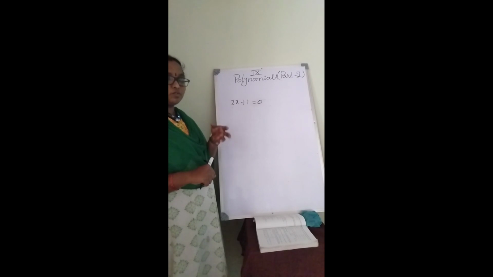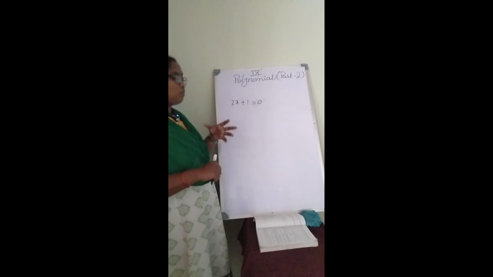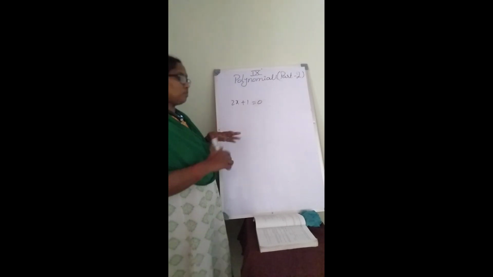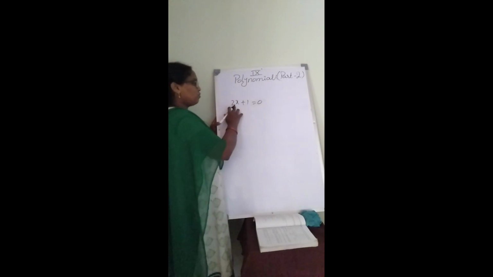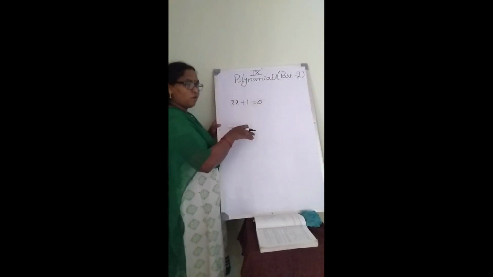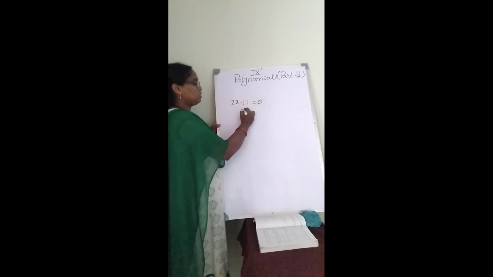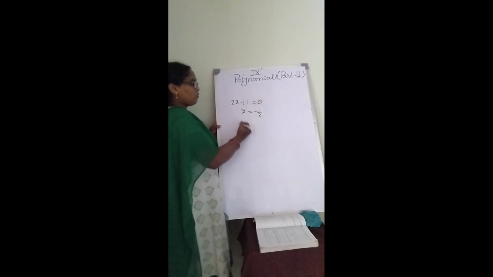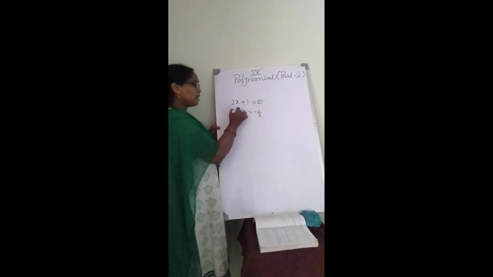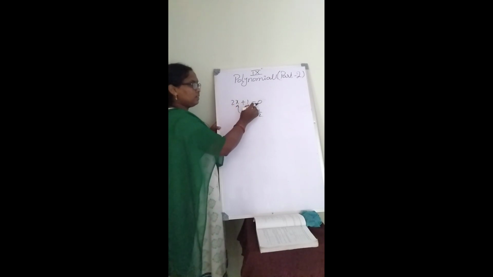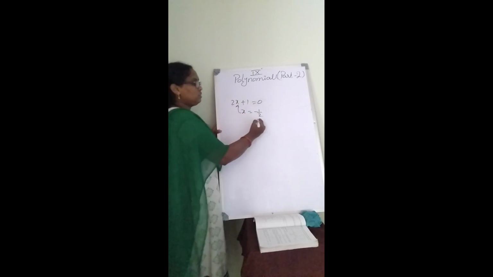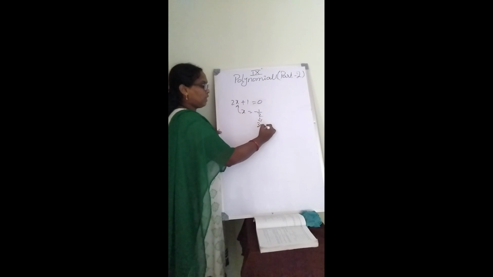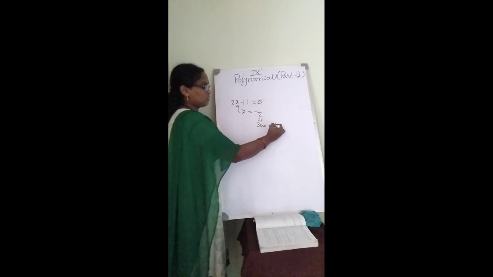Then we call that x value the zero of the polynomial. So for 2x plus 1 equal to 0, x is equal to minus 1 by 2. If I substitute this x value, I will get 0. So this is called the zero of the polynomial, as we discussed in the last class.